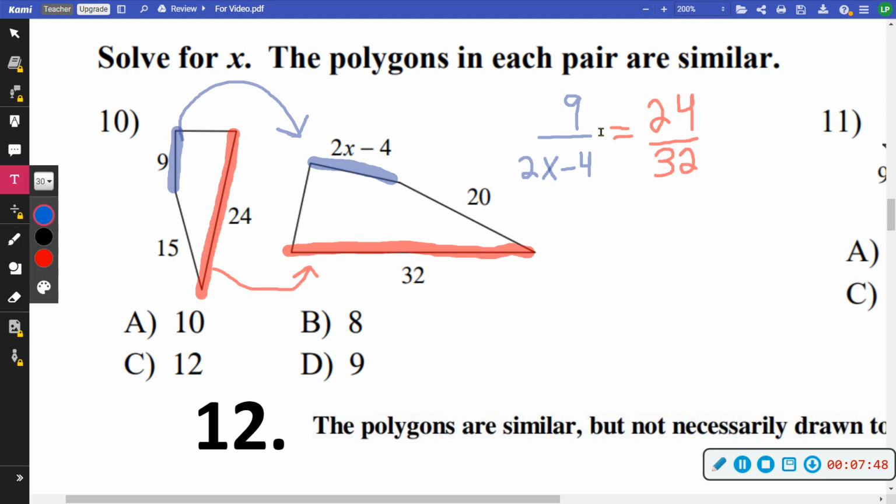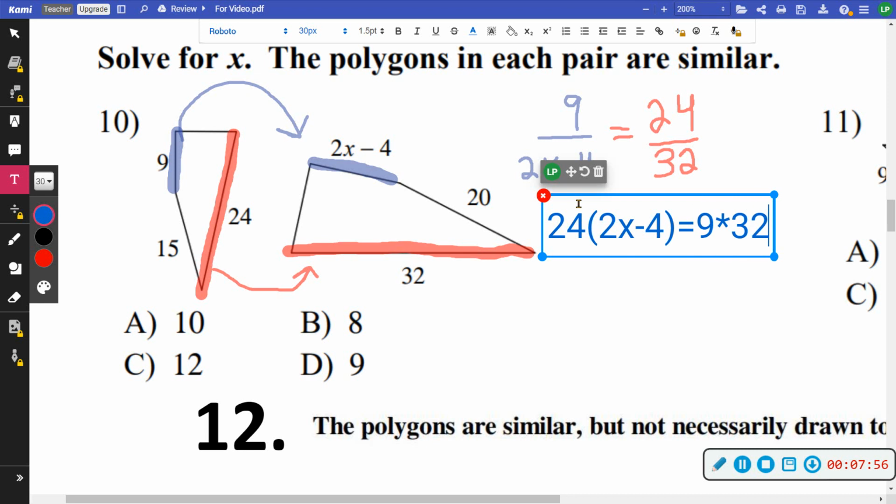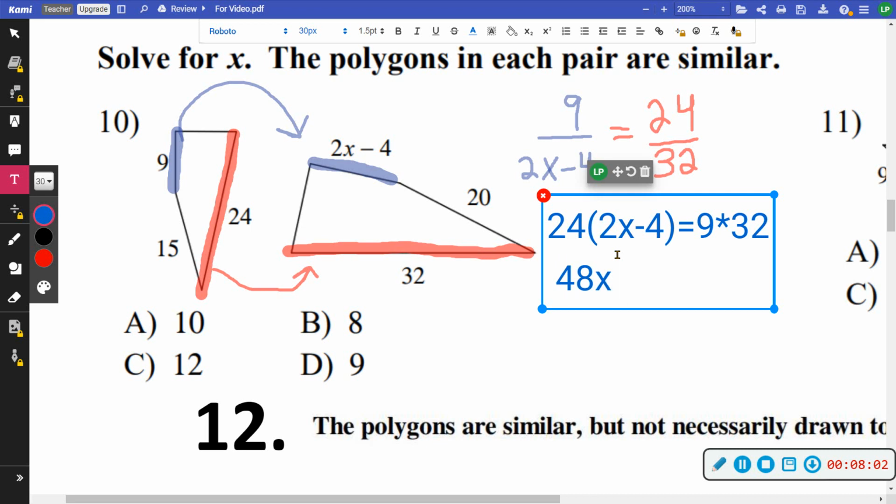Cross multiply, I get 24 times 2x minus 4 equals 9 times 32. I would distribute the 24 to the 2x, that's 48x. 24 times 4 is 96. And 9 times 32 is 288.